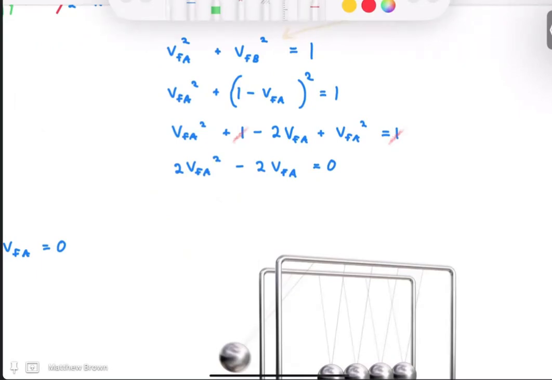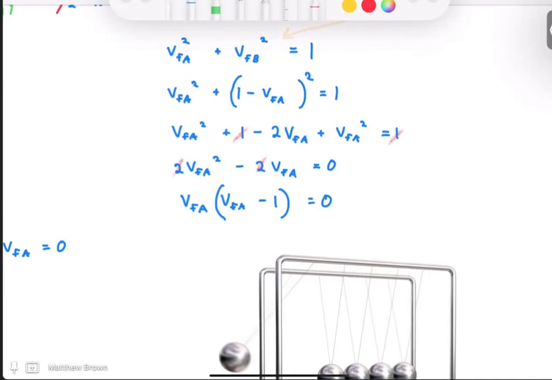Now I can divide both sides of this equation by 2, which cancels them out, because 0 divided by 2 is still 0. And it reduces that. Then I can factor out a V final A, leaving me with V final A times V final A minus 1 equals 0.